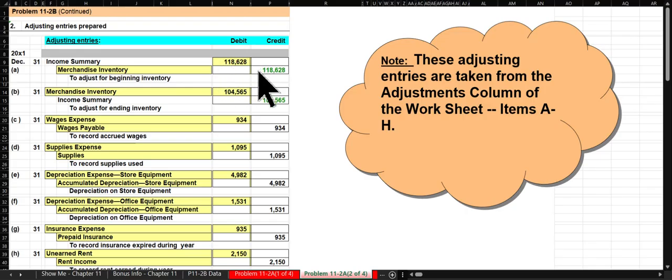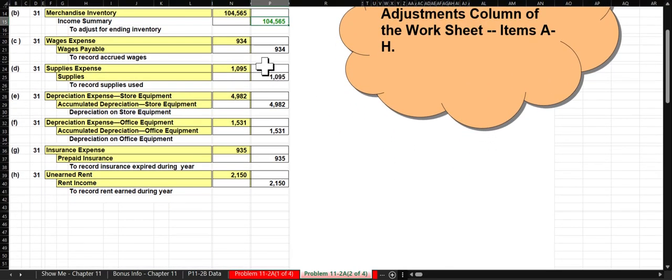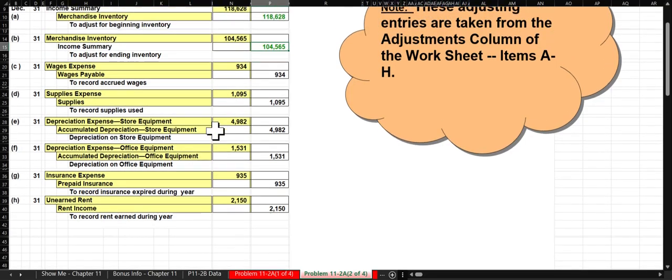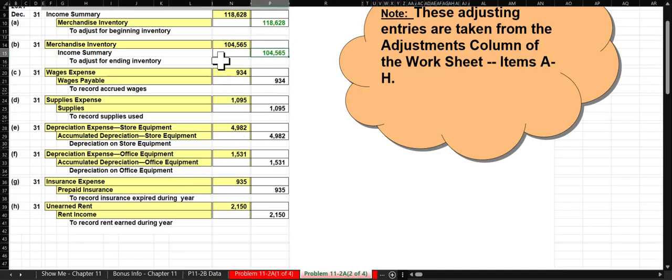So that's what we did here. Similarly, to record the new inventory amount, we debited inventory with the ending balance and we credited the income summary. So these entries here should be exactly what you have in the adjustments column. So just go back to the adjustments column and pull out your entries, A matching up with A, B matching up with B, and so on.